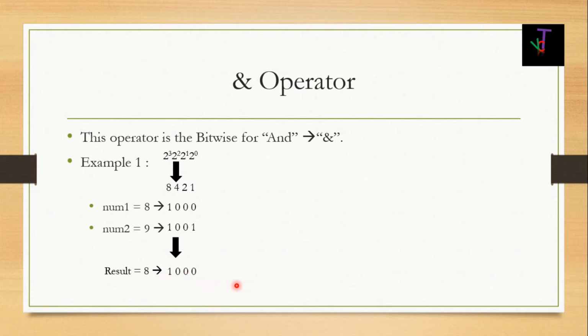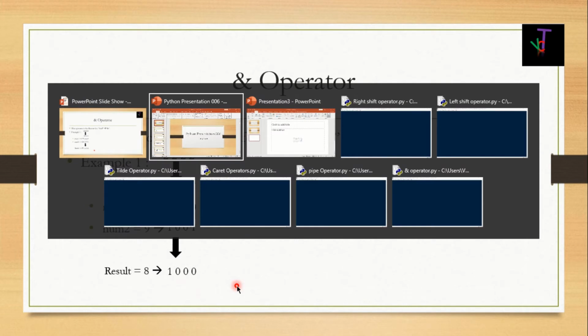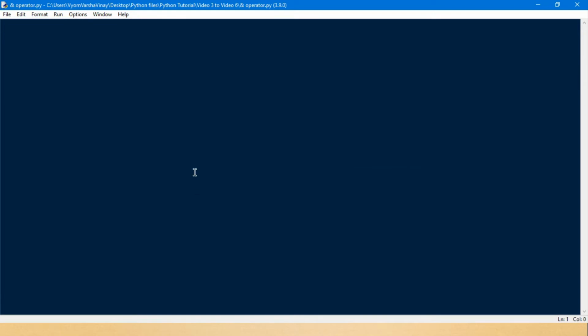Let me show this to you in Python. I have already opened a page and saved it. Now I'm going to use the same example, that is 8 and 9. You may ask the user to input the values, but for better understanding, I'm just showing you the same example which I have given in the presentation.